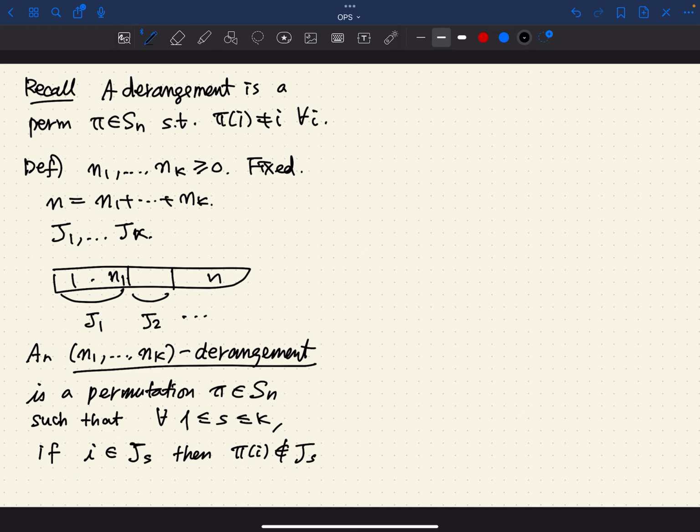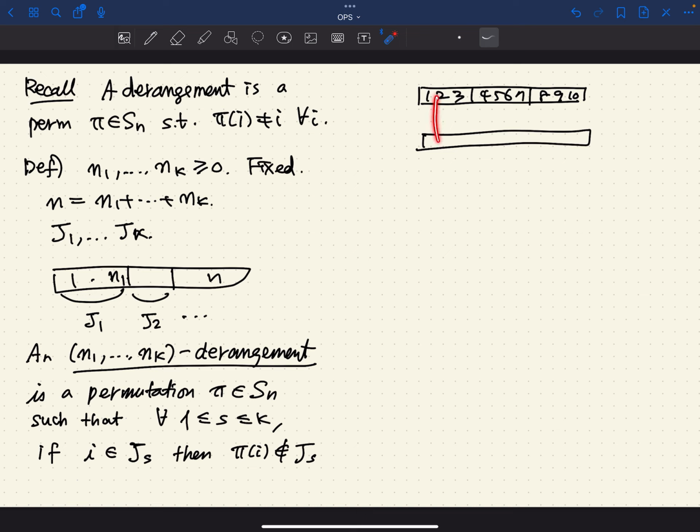In other words, it's best explained using a diagram. Let's say we have 1, 2, 3, 4, 5, 6, 7, 8, 9, 10, like this. Then a permutation is basically a complete matching. But you don't want to connect the things in the same part. So it's like the inhomogeneous matchings that we had seen before.